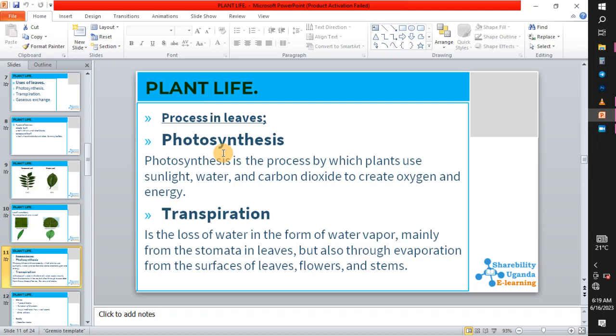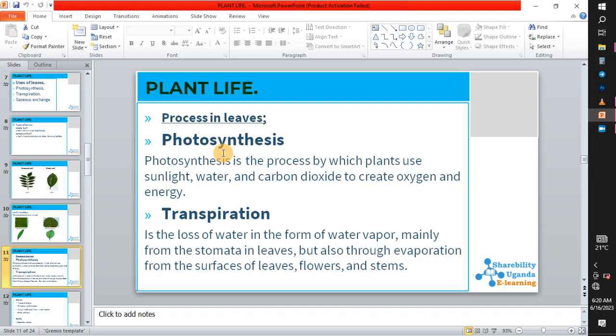Then let us see the processes that take place in leaves. We have photosynthesis. Photosynthesis is the process by which plants use sunlight, water, and carbon dioxide to create oxygen and energy. I hope you're picking something here.